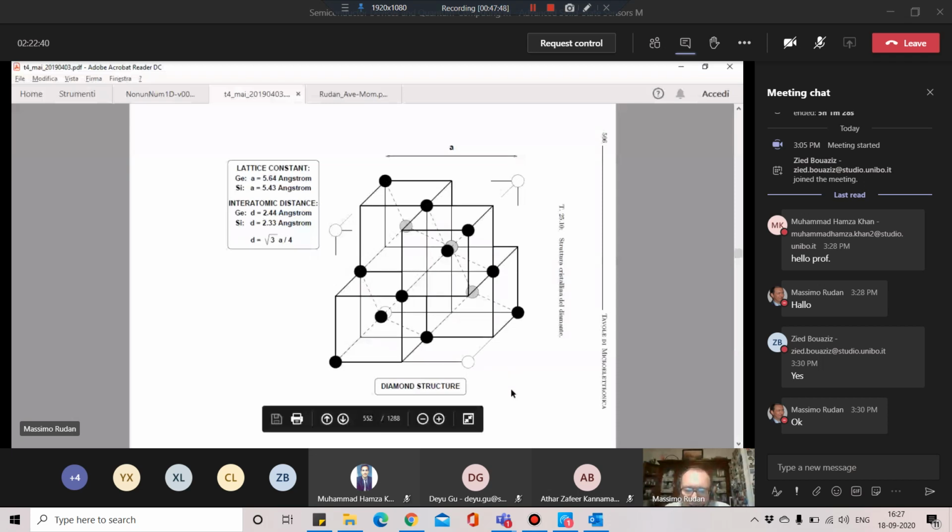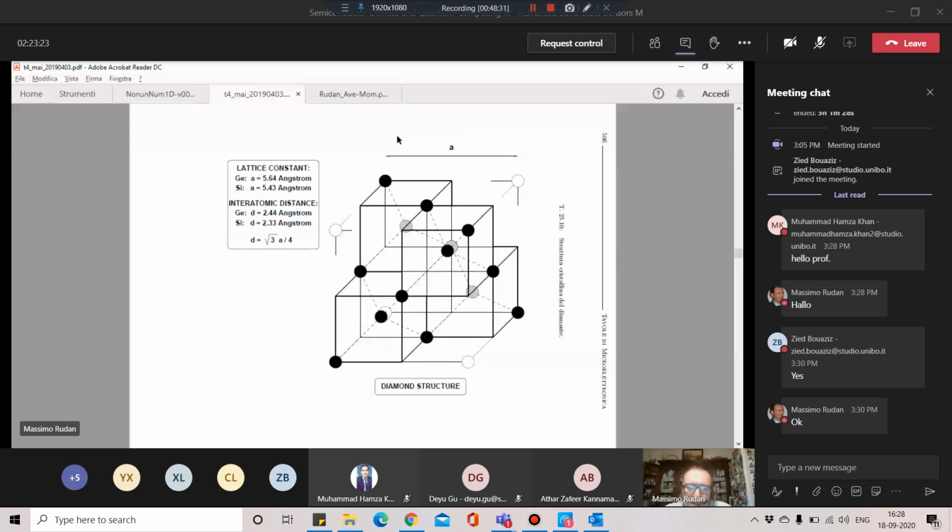The atoms at the center of the faces are this one, right, left, front, back, top, and bottom. And then we have four additional atoms that are the centers of the original small cubes. This one, this gray, this gray, and this gray. Okay. The lattice constant is the side of the cube, and we call it A.